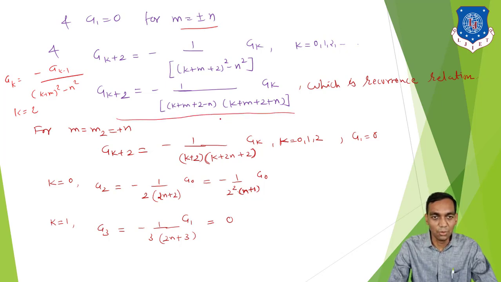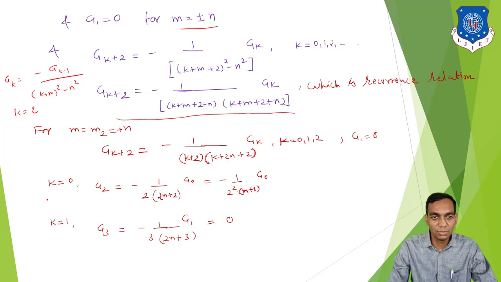Now first for m equal to m2, we are going to find a of (k plus 2). If you put m equal to n, then n will cancel out, so here you have k plus 2 and here you have n plus n, which is 2n.